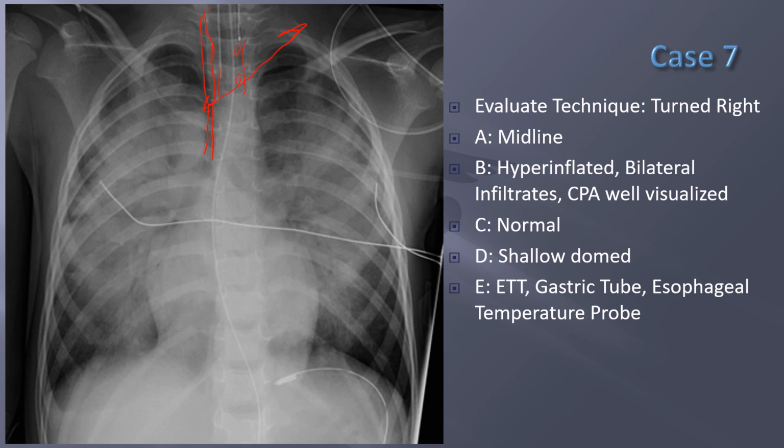I'll take this off in a second, and here's the spinal column. So this is a little bit of a rotated film. That's why we see the trachea off over here and not right down the middle of the spine. And we see a little bit more of the right heart border on the other side of the spine.